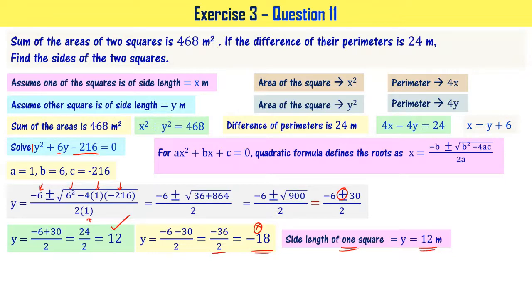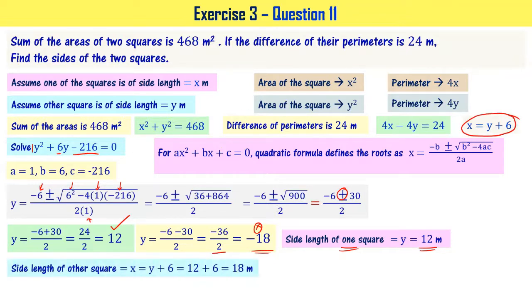What is the side length of the second square? We're going to make use of this equation, that says it is 12 plus 6, that is equal to 18 meters. Got it? You have one square of side length 12 meters and the other square of side length 18 meters, right?